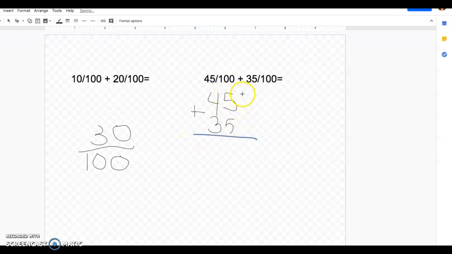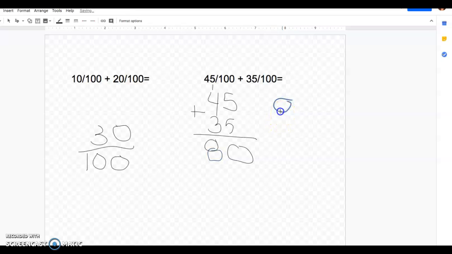And you always begin the addition on the right-hand side with the ones. Make sure the ones are lined up. 5 plus 5 is 10, but we only put the 0 down here and we bring the 1 over here. And then we add, because 1 and 4 is 5, 6, 7, 8. That's 80. So you may have to use the standard algorithm for adding.